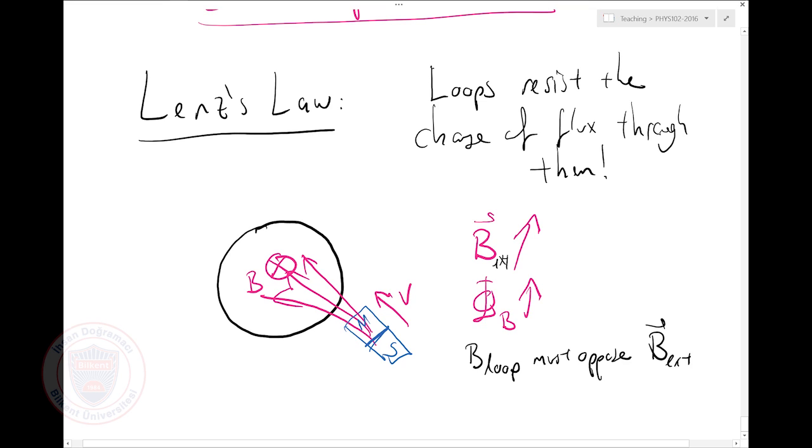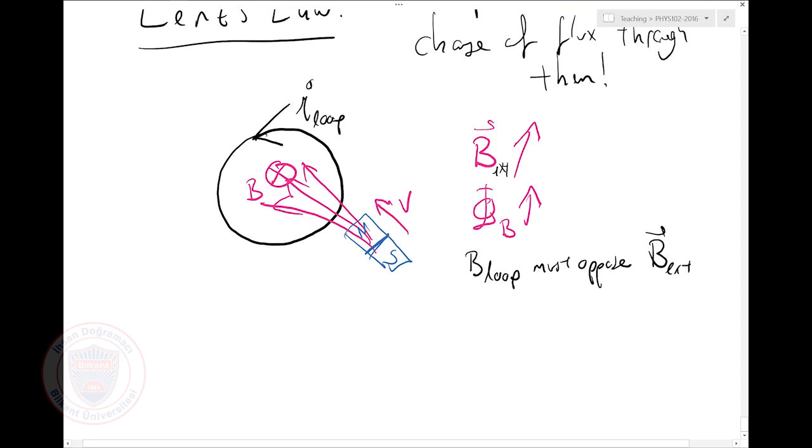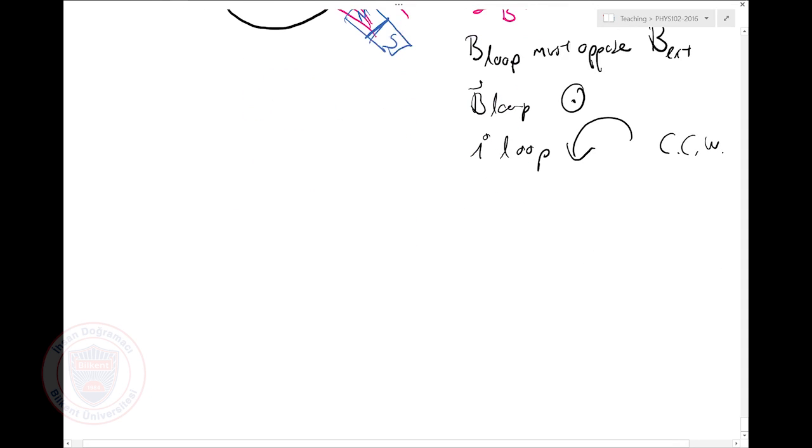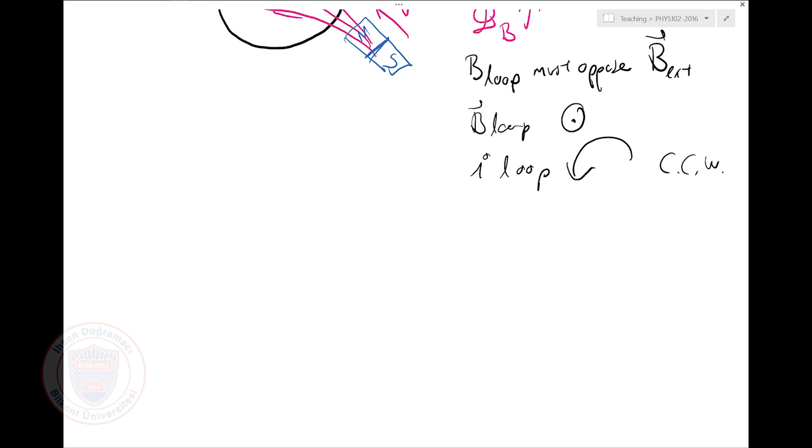By right hand rule, B loop is coming towards me, I loop is counterclockwise. That is pretty much it, and it takes a few examples to go through this logic, but it's not very hard.